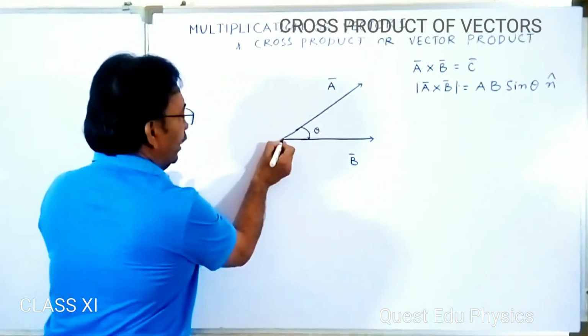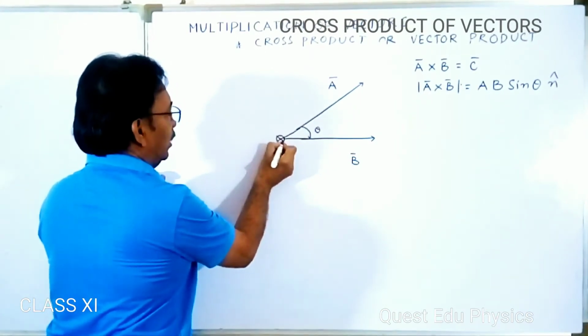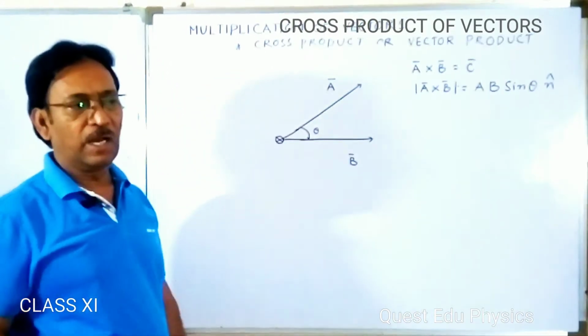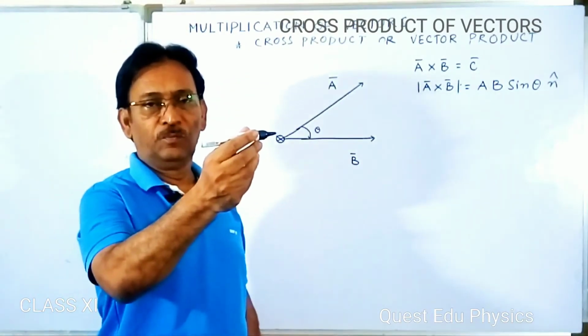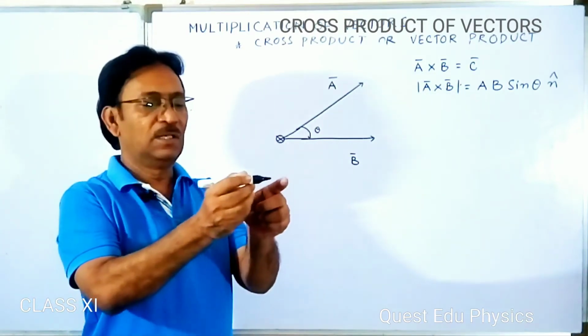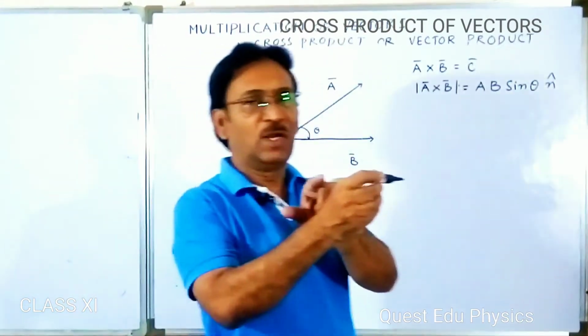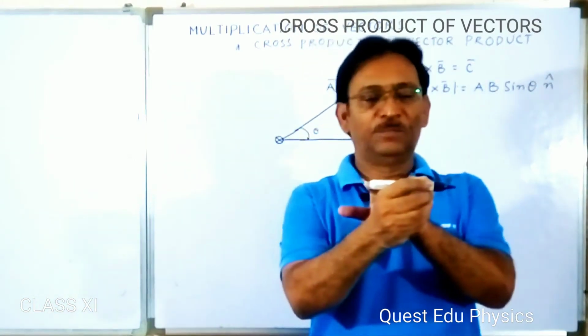That means into the plane is shown with a cross. I will explain why we are taking the cross. Let's say it is an arrow. You know that an arrow has a tip as well as a tail.